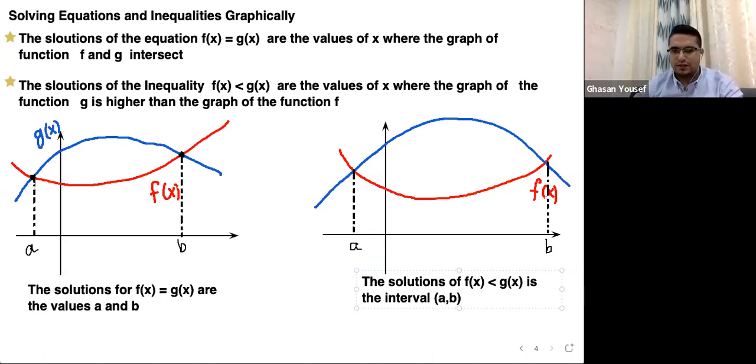So these are all the values such that the function f of x is below the function g of x, the blue one. This is g of x.